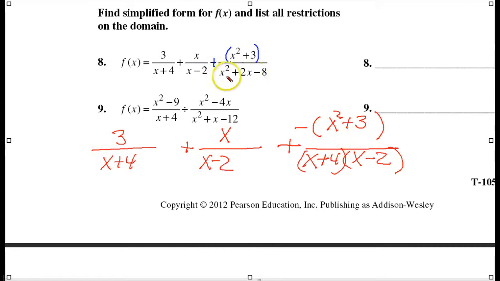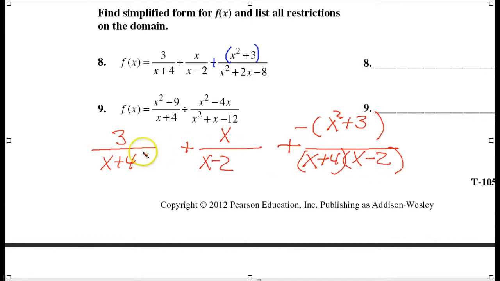And we said this factored into this. So now, in order to add these all together, we're going to have a common denominator. So what is our least common denominator? Well, it's going to be this and this.